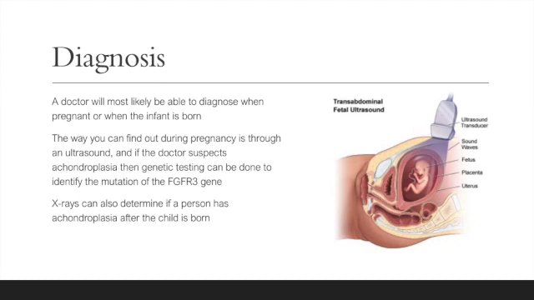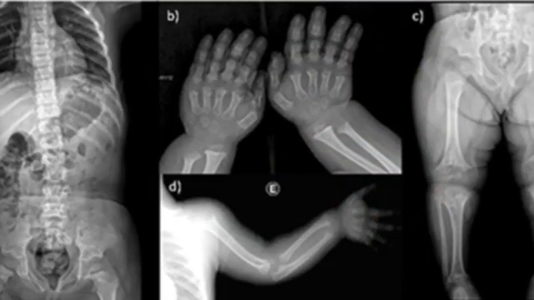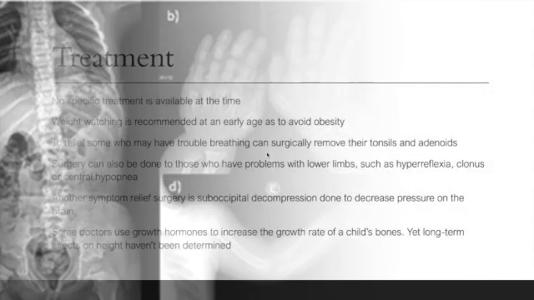Right now, there's no specific treatment available, but weight watching at an early age to avoid obesity is recommended, and a way to relieve some of the symptoms like the breathing problem is by removing the tonsils and adenoids.